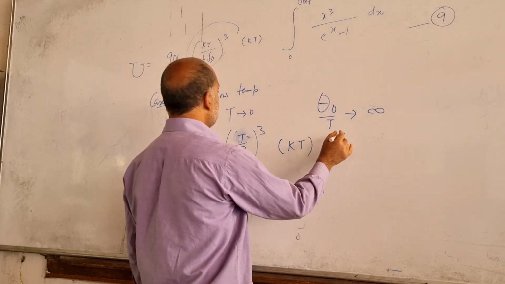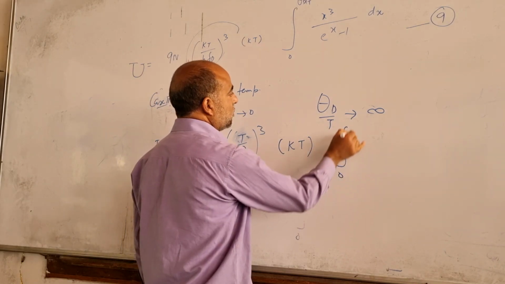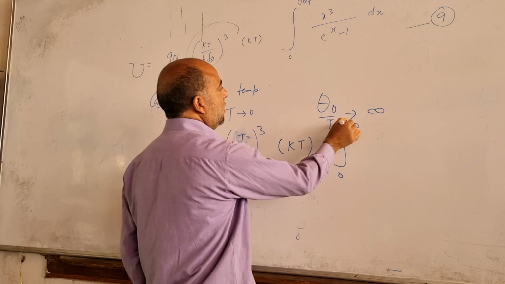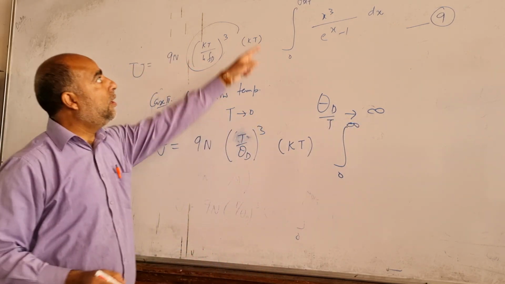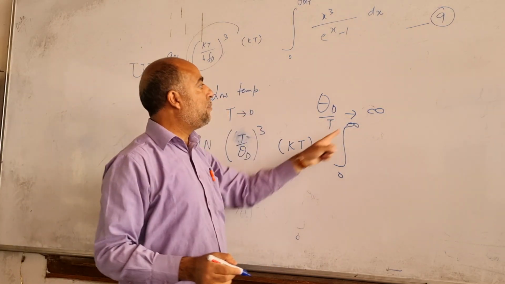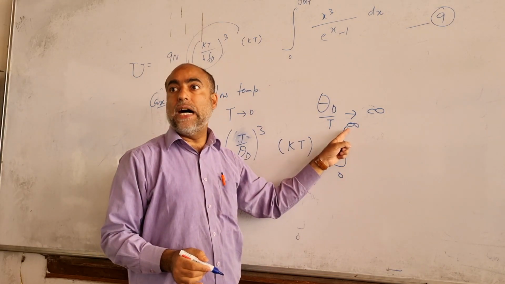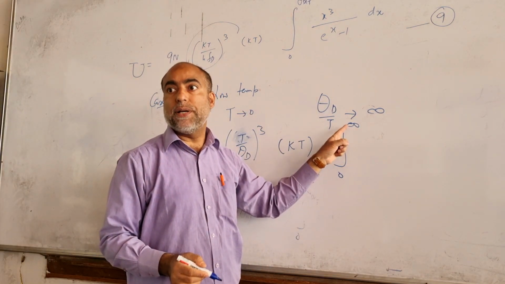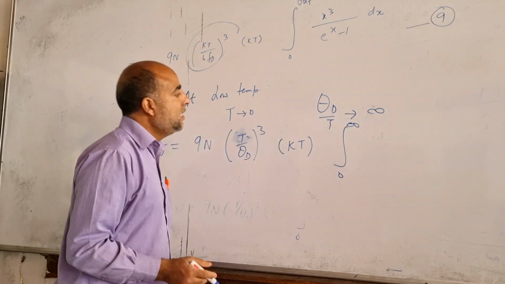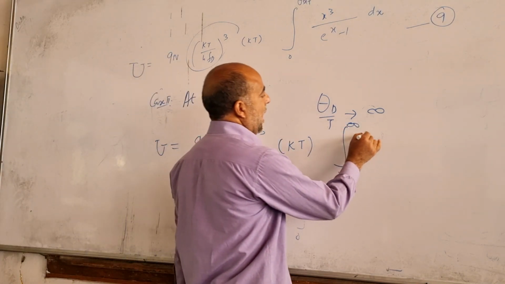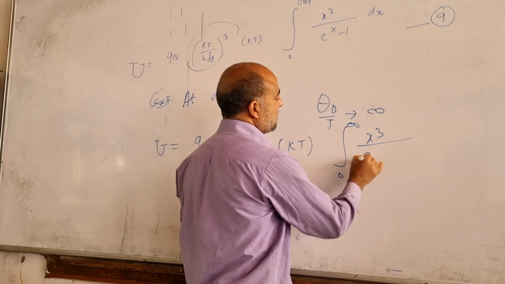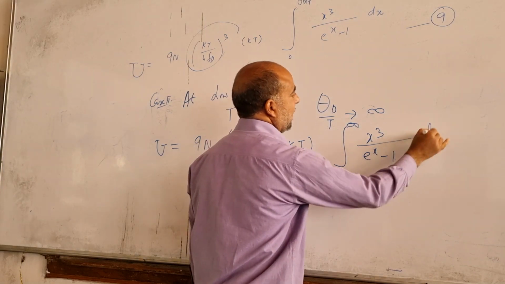Then you have another factor. So the limits will now change. As T tends to 0, theta D by T approaches infinity. So the upper limit of the integral is now infinity, and you have x cubed by e raised to x minus 1 dx.